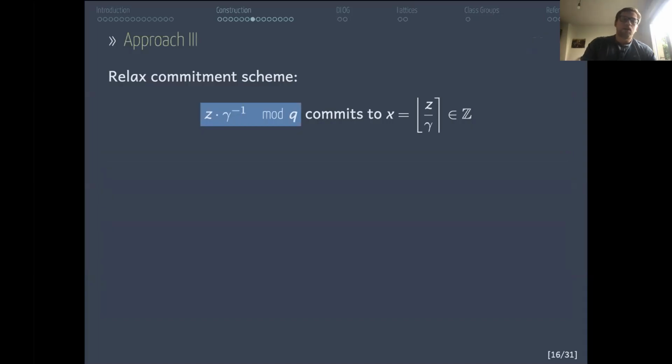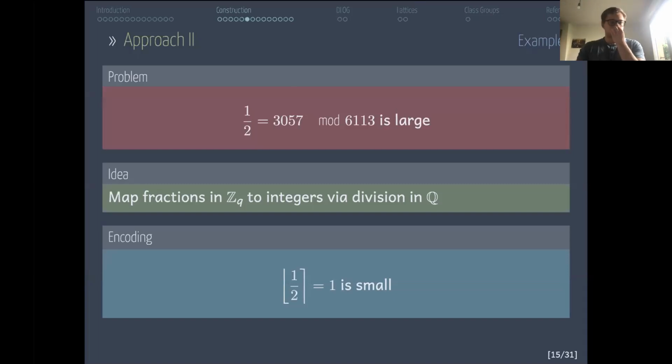So the main problem is, of course, we can't just say, okay, we prove the range for this value, but keep the commitment unchanged, because in practice we need to show something about a committed value and not about something else just because it's convenient for us.